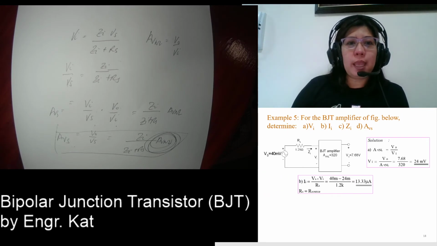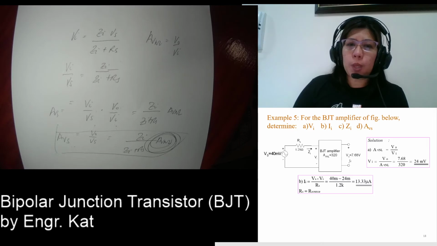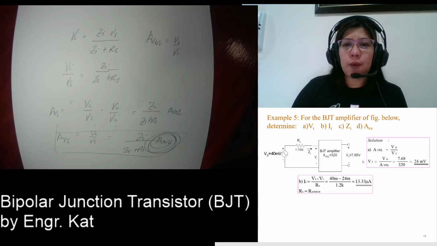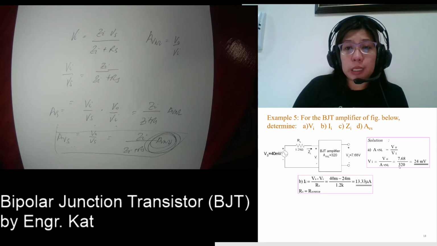So we are given AV no load. Why do we use AV no load? Because we have no load here. So AV no load is VO over VI, and VO is 7.68 volts. So we can solve for VI. Given the no load gain, VI is VO, 7.68 volts, divided by the no load voltage gain, which is 320.